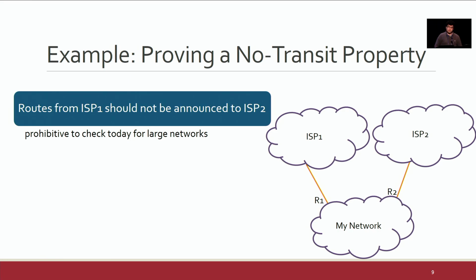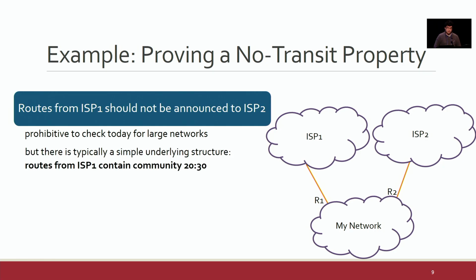But in practice, there's usually an underlying structure to the configuration or some sort of mechanism to implement the property. For example, the network could tag all routes that come from ISP1 with a particular community. Once we have this information, we know what each router in the network is supposed to do. We know that R1, which receives routes from ISP1, should establish this structure by tagging routes with the community.